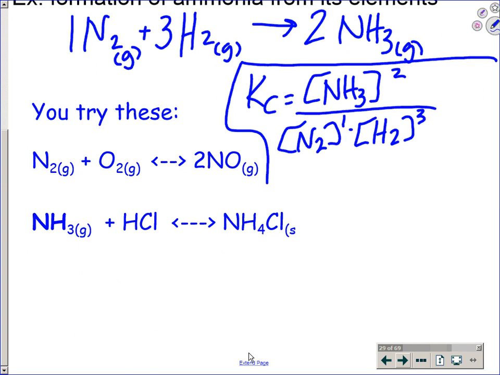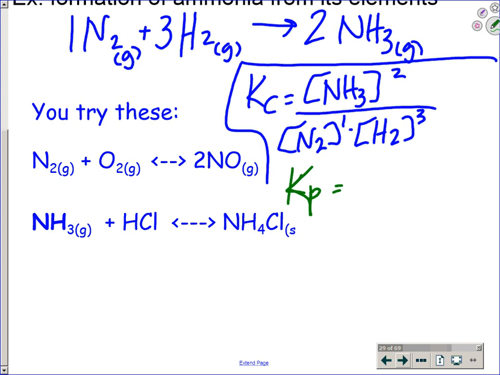So let's go to another table. Let's go ahead and write out the pressure version of the same thing. What would I put on top? Stay with me, okay? I'm still using this reaction.